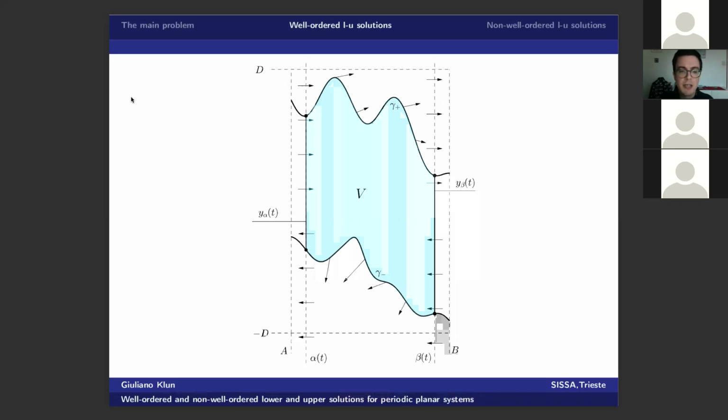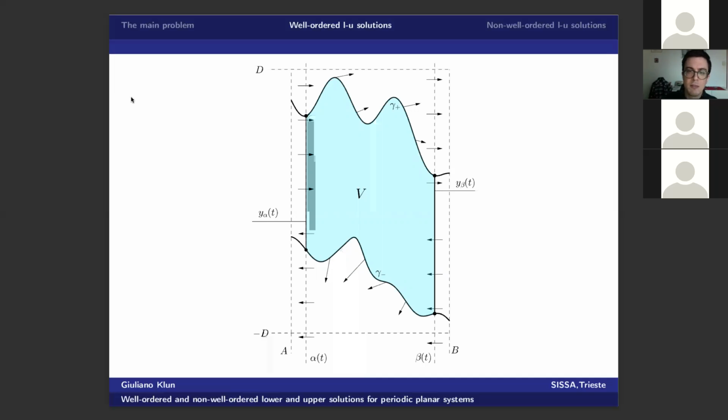This picture is taken at a fixed time, and the arrows represent the hypothesis on the field associated to the problem on the vertical boundary of a suitable strip, that is the vertical strip delimited by alpha(t) and beta(t), and on the boundary represented by the curves gamma plus and gamma minus.